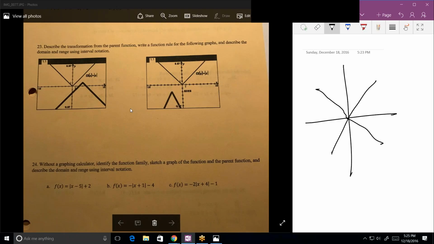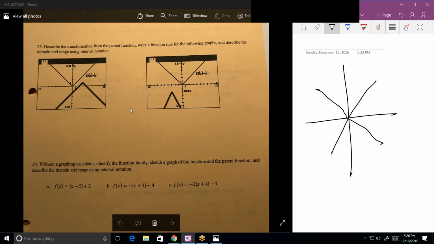It looks like the same. Yes, it's exactly the same shape. And what that means is there's no horizontal or vertical stretches or shrinks. There are vertical and horizontal shifts going on. It's a horizontal shift. How much? Which direction? Right 3.